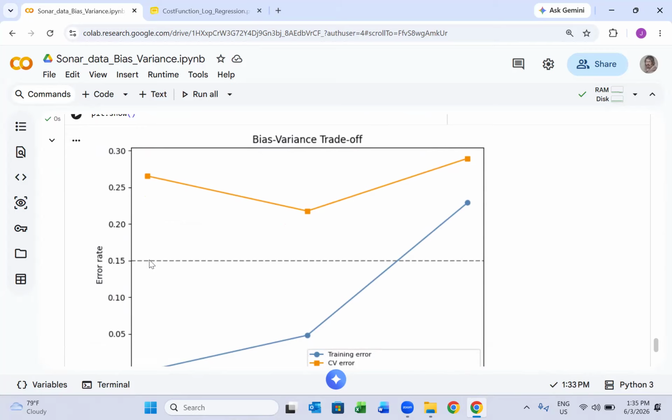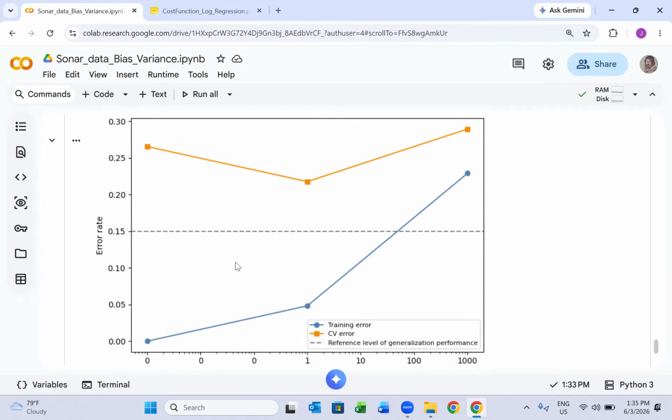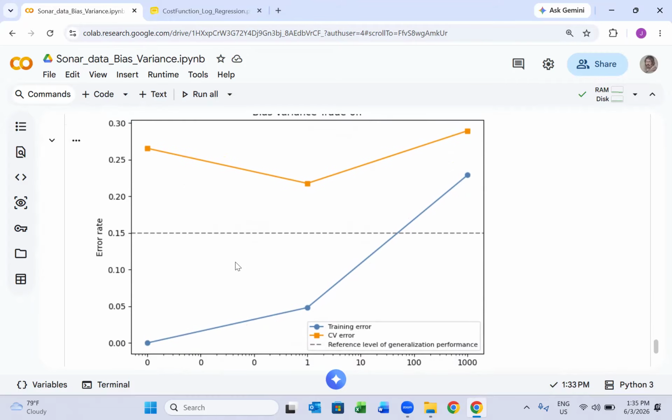Okay, so that's why in this problem we have that reference level of performance. And that reference level of performance is useful to evaluate bias. So when you have that reference level, you should use it because it will facilitate the evaluation of bias, not variance, but bias.